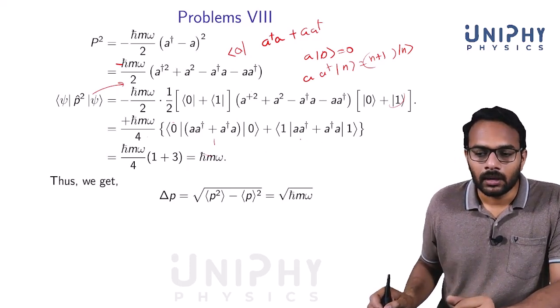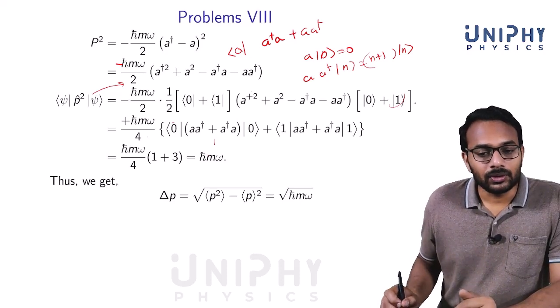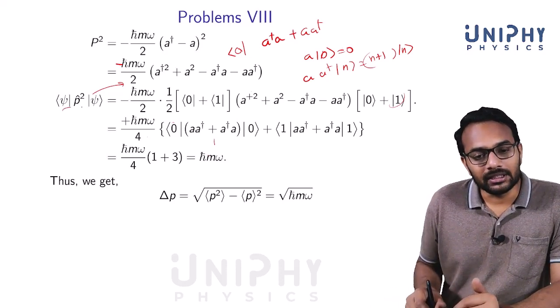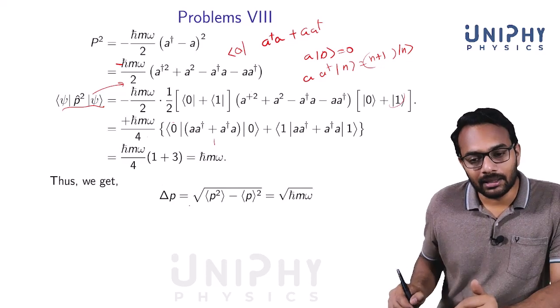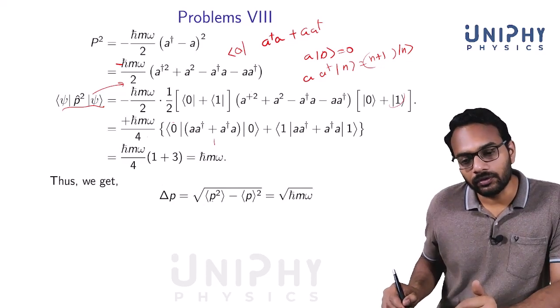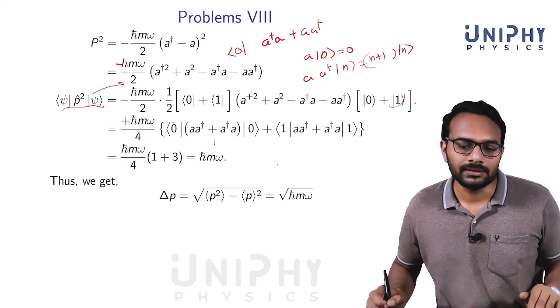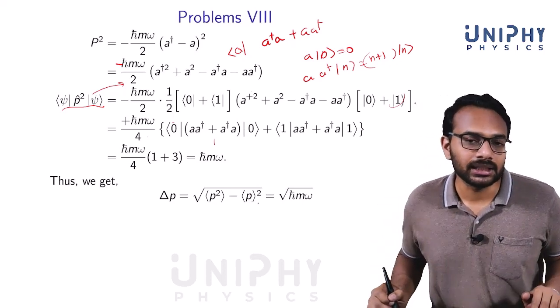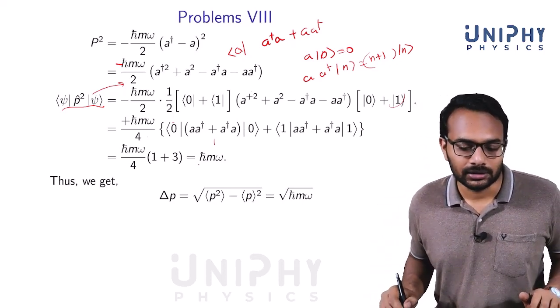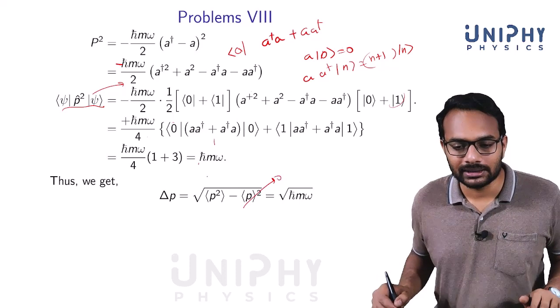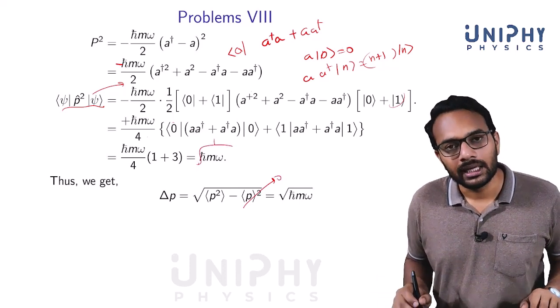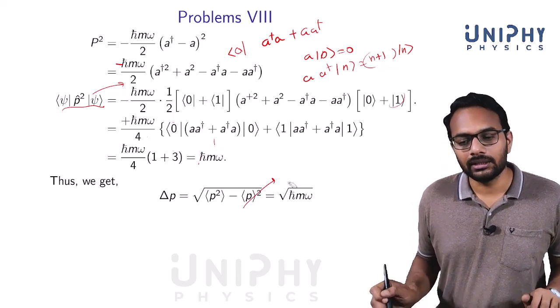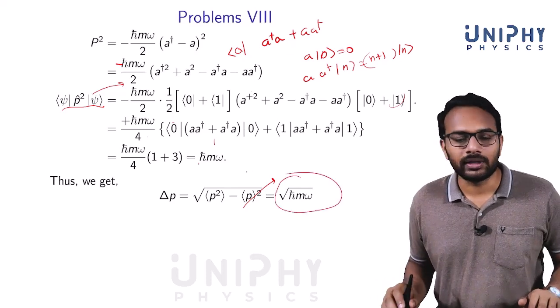So that's simply h cross m omega. What's this? This is the expectation value of p squared. Now delta p is the square root of the expectation value of p squared minus the square of the expectation value of p. This term is 0, as we have already seen. So the answer is the square root of h cross m omega.